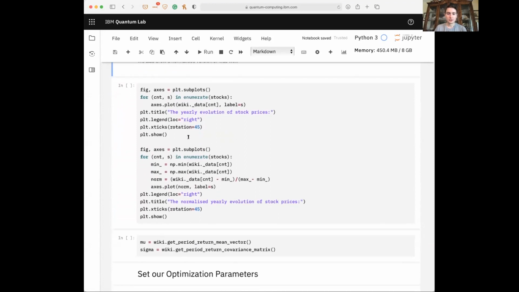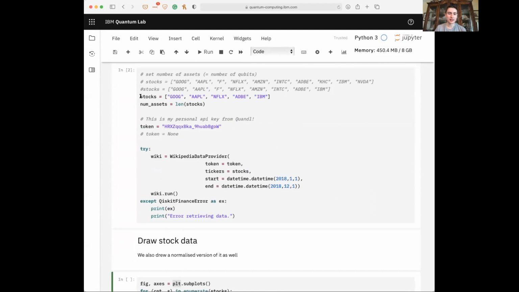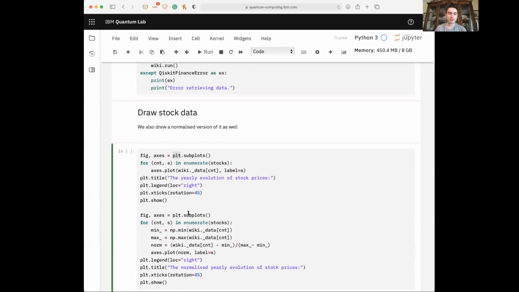Okay, so in here, if I look at this code, we have fig axes equals plt.subplots. If you've read a lot of notebooks before, you will probably recognize this as matplotlib code. But if you didn't know that, one thing that you can do is at the very top here, we see something called PLT, right? And PLT hasn't been defined anywhere else, right? We defined stocks, num assets, token, wiki, all that kind of stuff. We haven't seen PLT before.